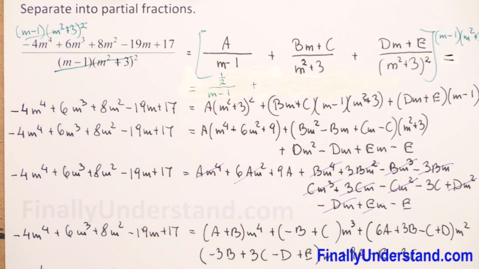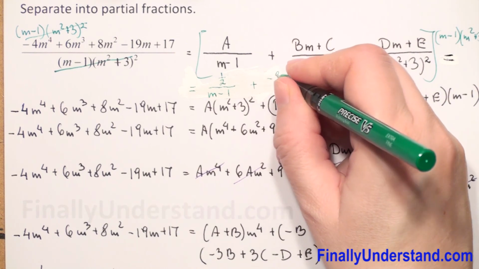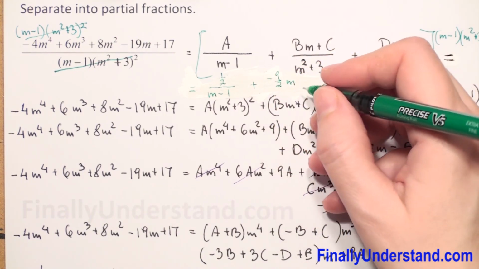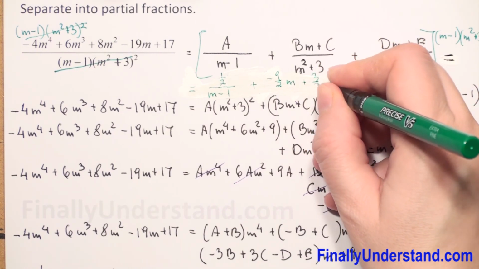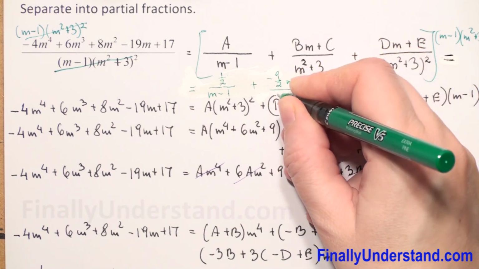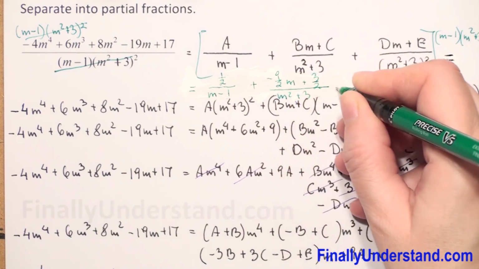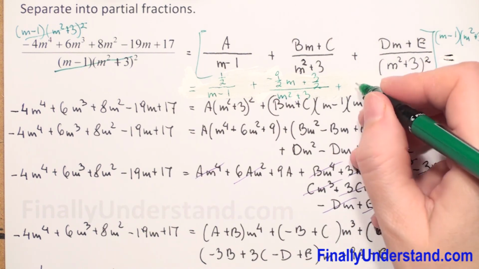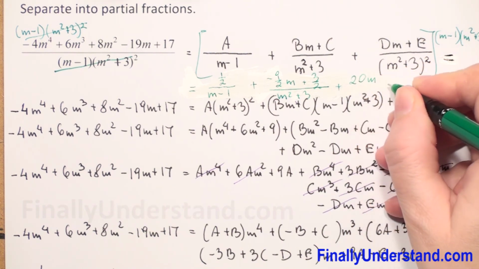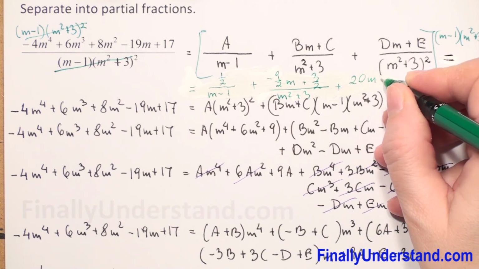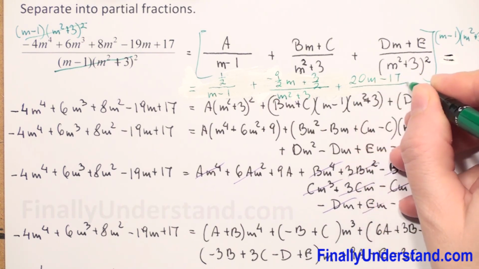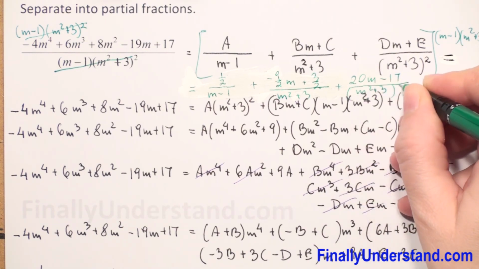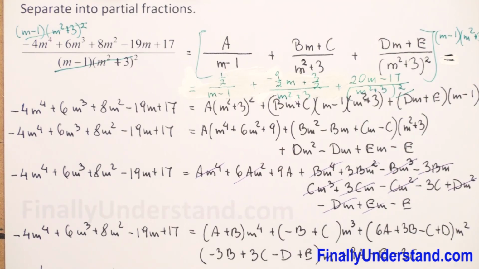We found that this is negative 9/2, the denominator we have to rewrite, plus c. c is 3/2, the denominator we have to copy, and plus d. We found that this is 20. Plus e is negative 17 over the quantity squared plus 3 to the second power. This is my solution.